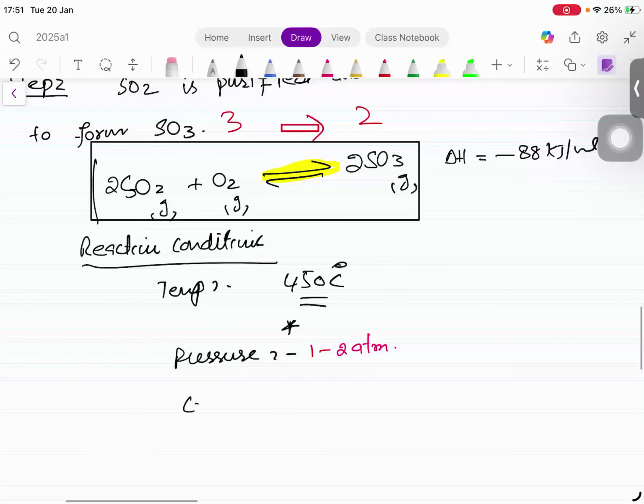Catalyst. What is the catalyst? The third one.